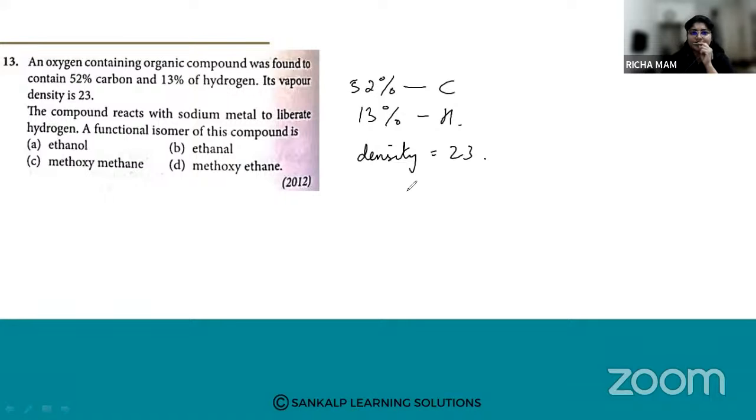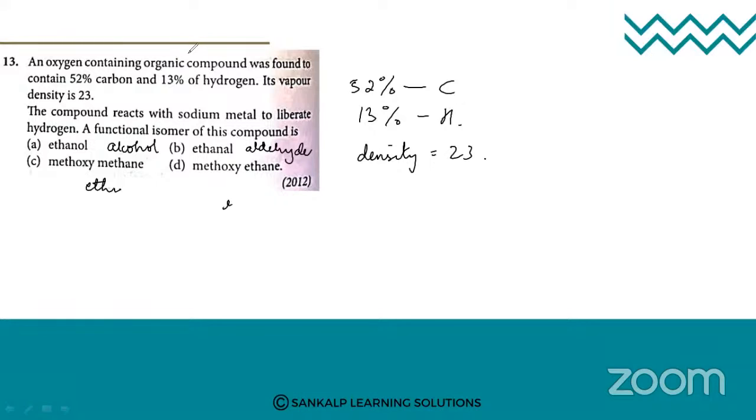A functional isomer of this compound is A. Ethanol, B. Ethanal, C. Methoxymethane, and D. Methoxyethane. So ethanol is an alcohol, ethanal is an aldehyde, this is an ether, this is also an ether. Tell me the answer.